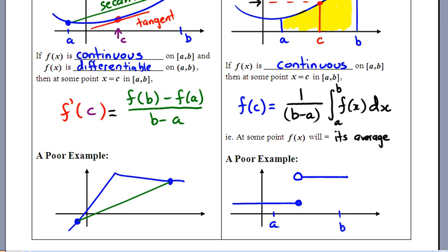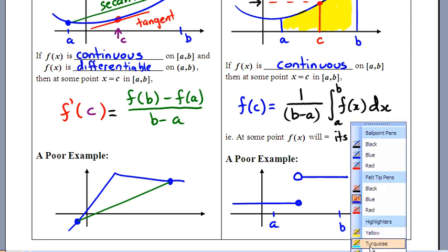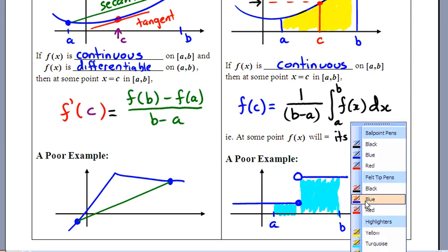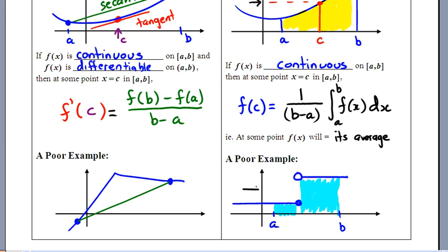I could still integrate to find the area underneath, use it to find the average value of this function, and I might find the average value is right here. But that blue function never touches that average value. It didn't have to, because this wasn't a good function. It just wasn't a continuous function.